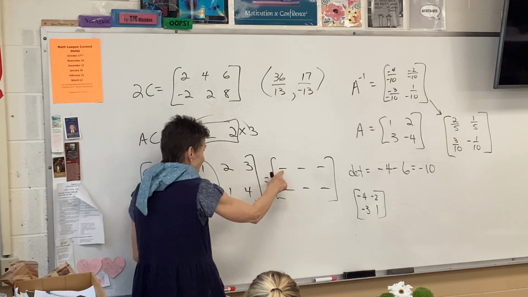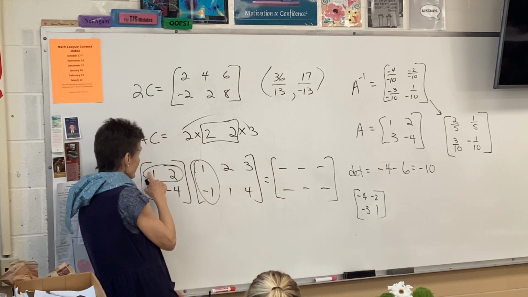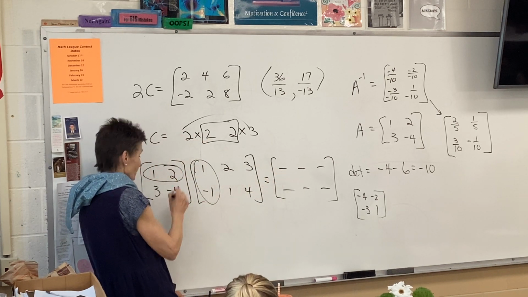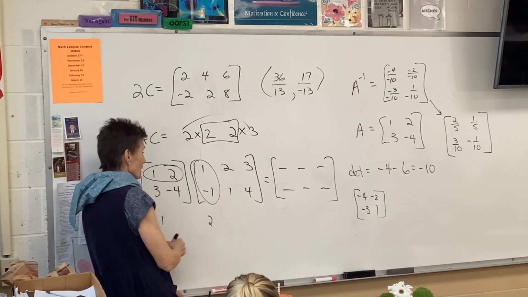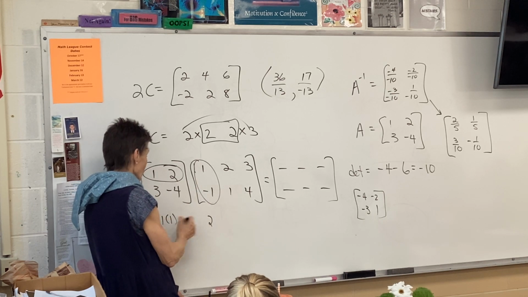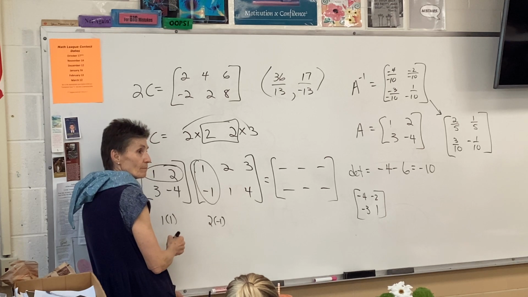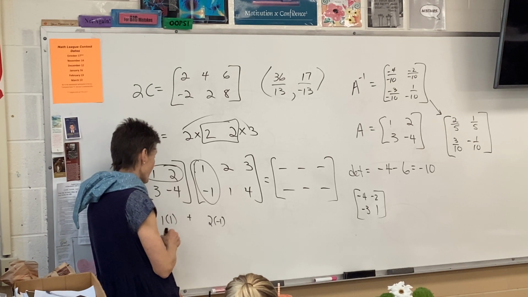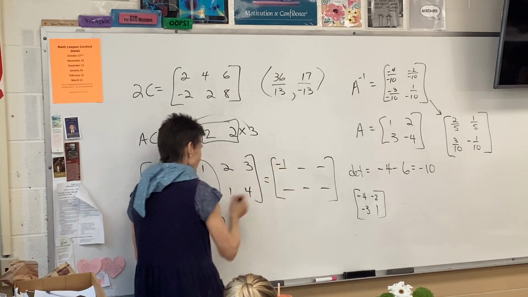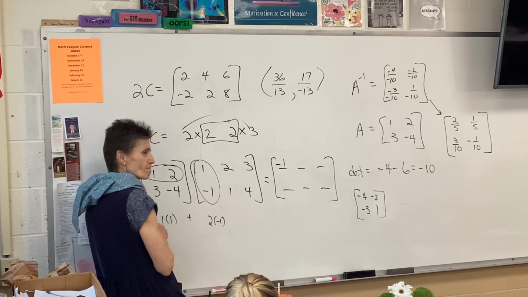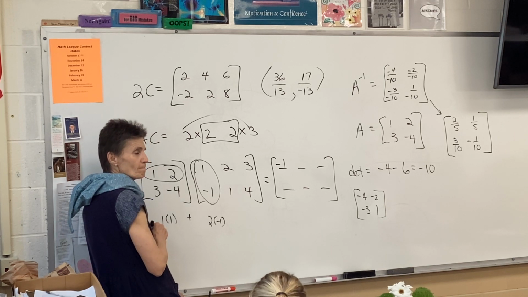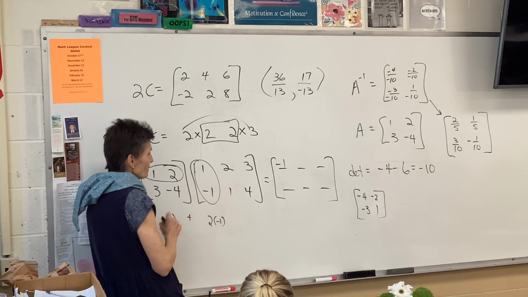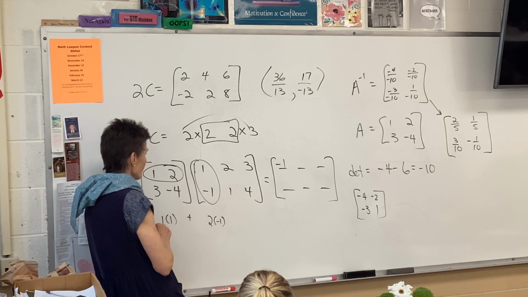So I'm gonna fill that spot right there. I'm gonna take row 1, which is 1, 2, and column 1, which is 1, negative 1. And I'm going to multiply each pair and add, so it looks like I get, is it negative 1? You get negative 1? All right, let's do one more together, and then you can do the rest on your own, we'll compare.